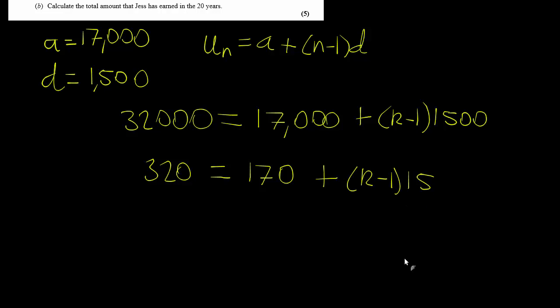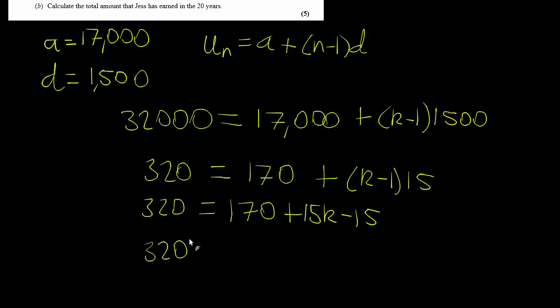So 320 equals 170 plus 15k minus 15, if we expand out the brackets. Now we want to simplify that. So 320 equals 170 minus 15, which is 155, plus 15k.